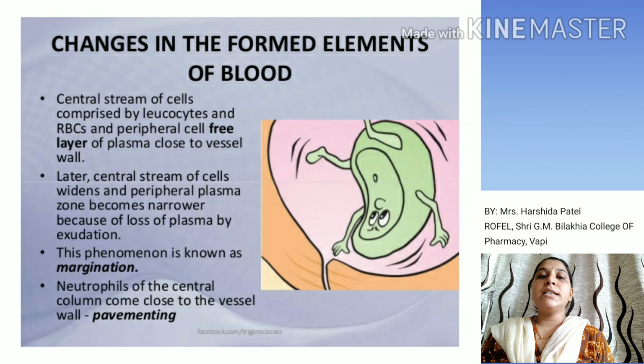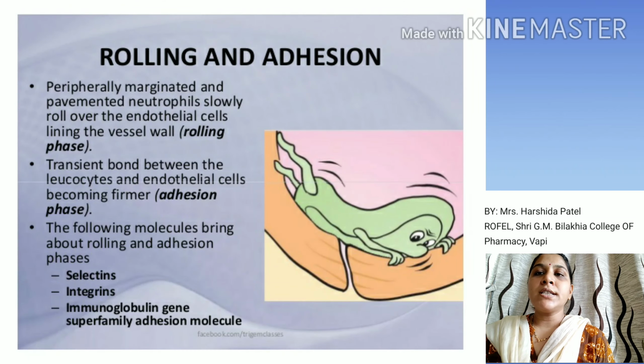The next process is rolling and adhesion. What is rolling and adhesion? When these cells come near the vessel wall, they start rolling over the endothelial cells of the blood vessel wall. When they start rolling there, the neutrophils make transient bonds between the leukocyte and endothelial cells.